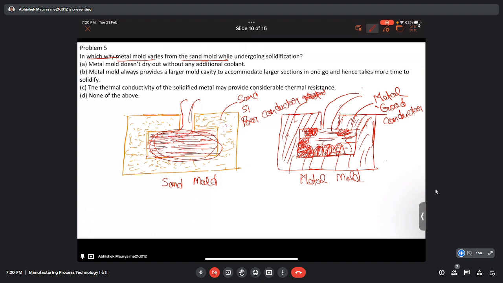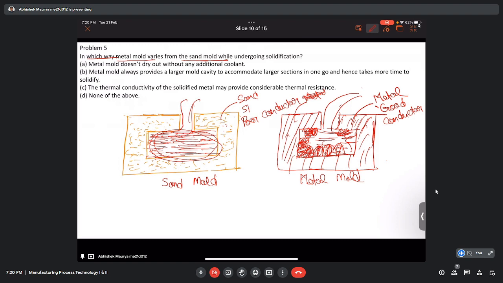Since the heat transfer rate is very slow, the cooling rate will be very slow. Therefore the solidification process will be a little bit more uniform in comparison to the metal mold.